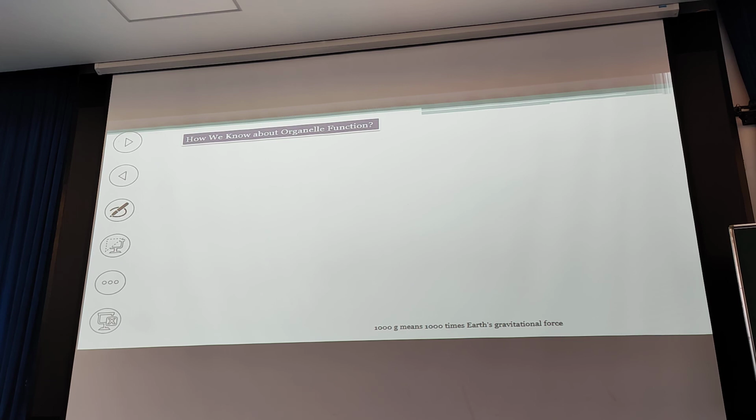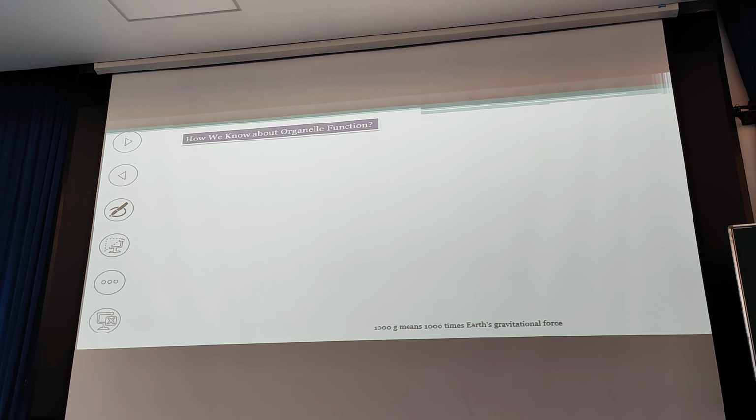So how do we know about the organelle functions? How can we define the function of each organelle, how can we separate them from the cells and define their functions? Because we can see and describe all the parts of the cell under the microscope, but we could not know their functions until it became possible to isolate them from the cells and separate them from one another.